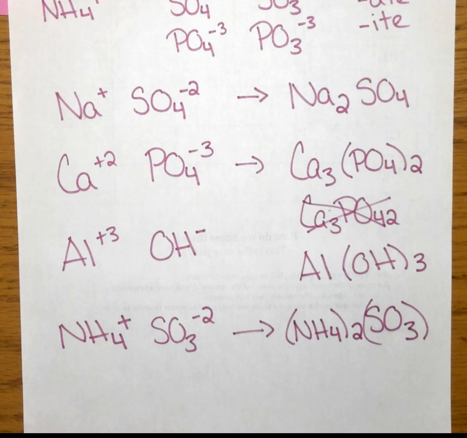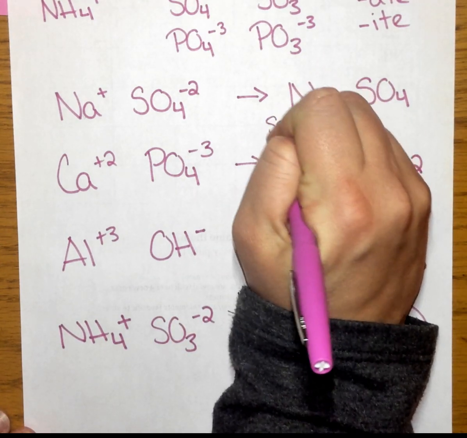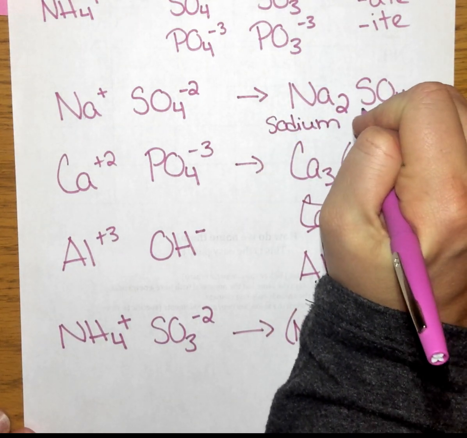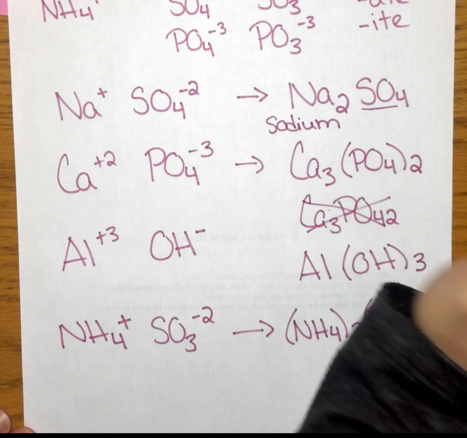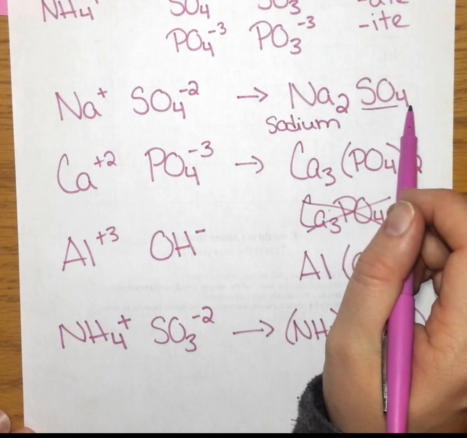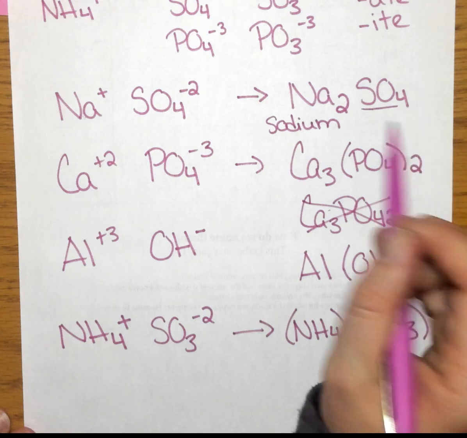Now, when we name these, the same thing happens where I have sodium. I leave the metal alone. And we're going to look at our ion tables to identify what this is. Now, I don't want you to do anything crazy. I don't want you to write sulfur oxide or sulfoxide or sulfur tetraoxide.